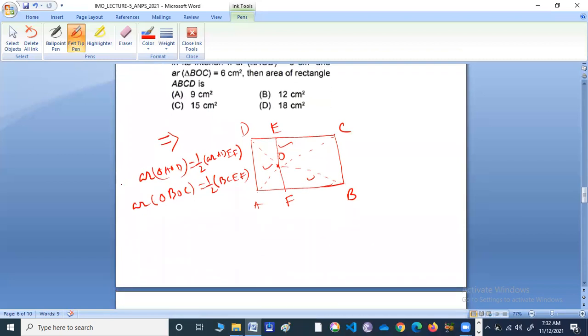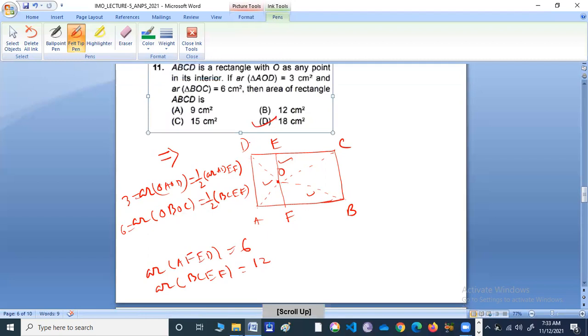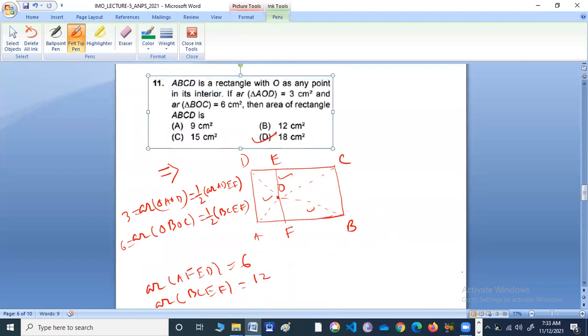So this is 3 and this is 6. Therefore, area of AFED will be 2 multiplied by 3, so 6, and area of BCEF 2 multiplied by 6, so 12. So together, therefore 18. Right. So this is the right answer. Okay, let's move on.